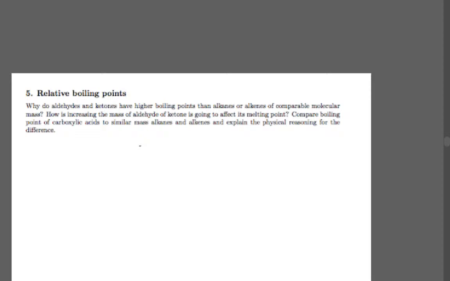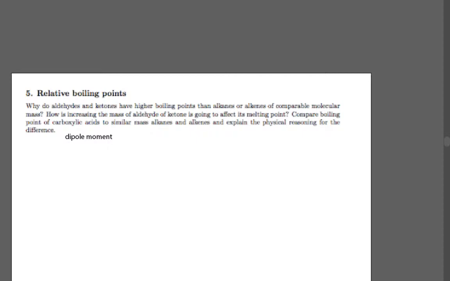They have much higher boiling points than the alkenes. This is attributed to the dipole moment of carbonyl groups. So this basically states about the dipole moment of carbonyl groups. Carbonyl group. What does that mean?